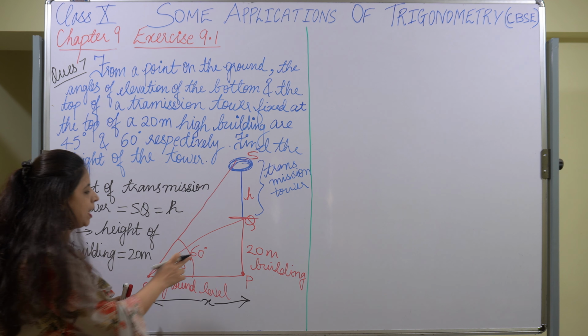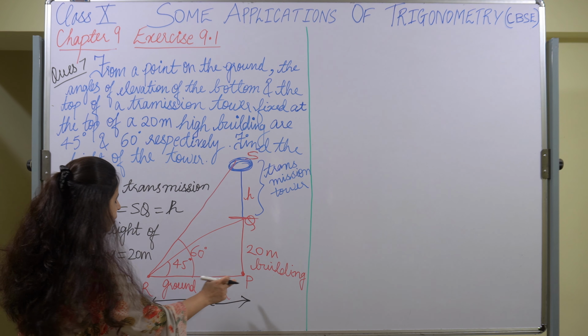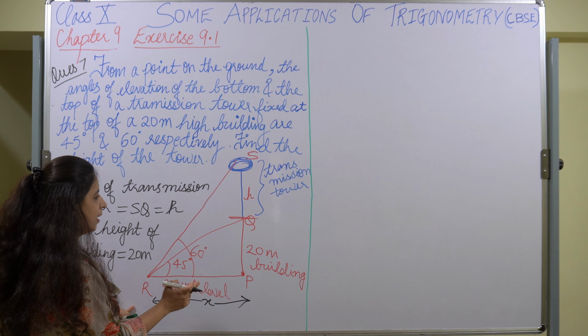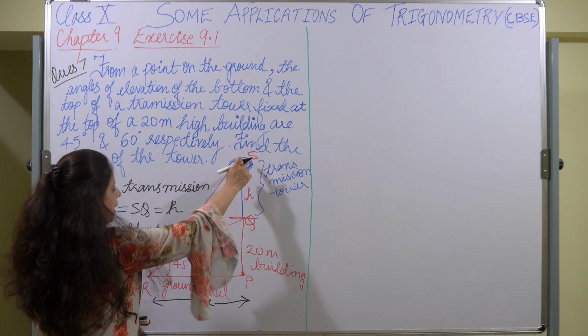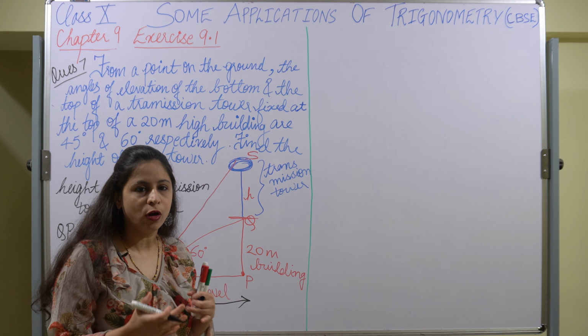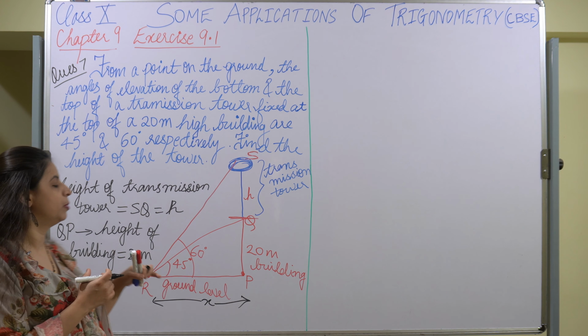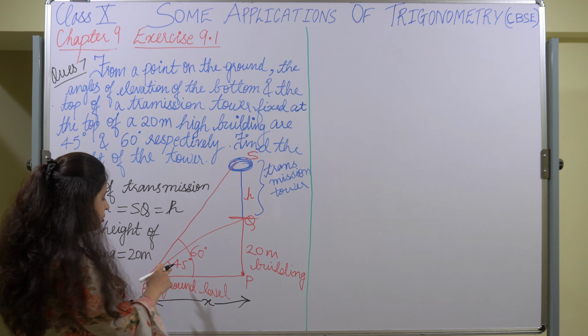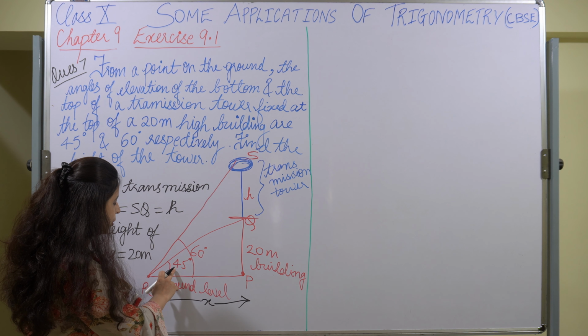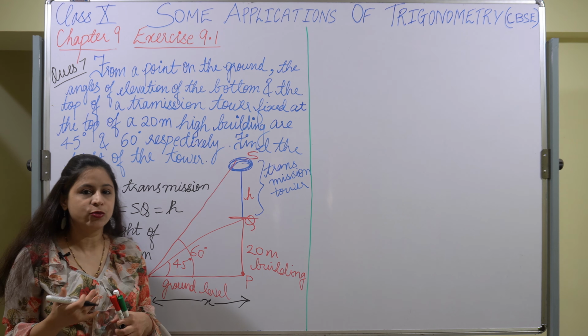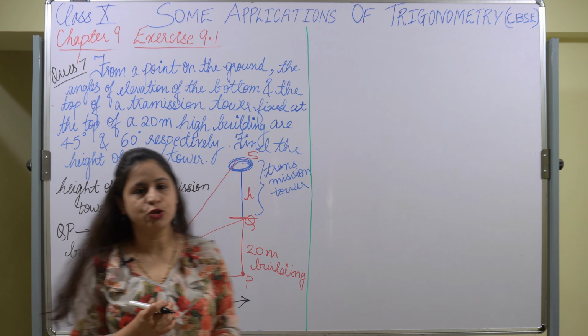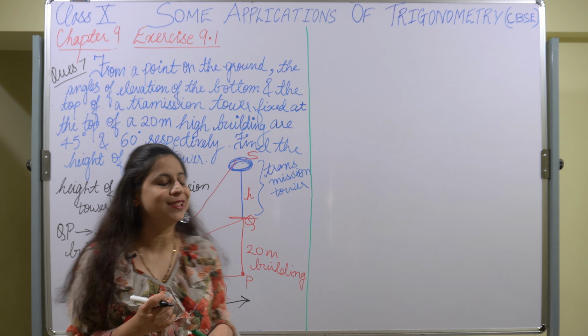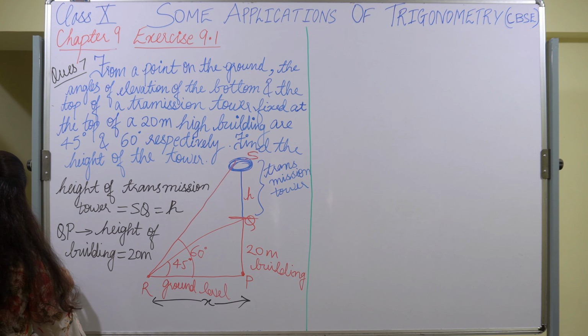Firstly we will take the triangle PQR, then we will take the triangle PSR, and then we will solve both the triangles. We will take the trigonometric ratios for 45 degrees and 60 degrees, and we will solve for the height of the transmission tower. So let us take firstly the triangle PQR.